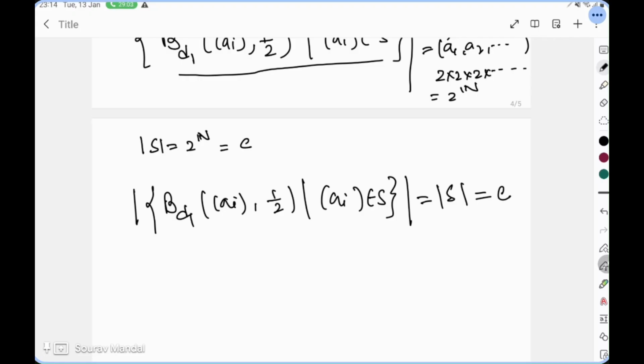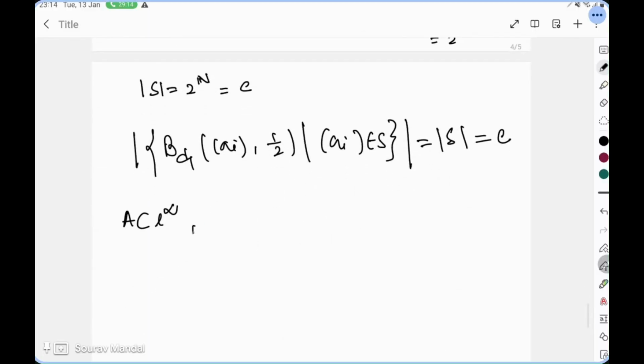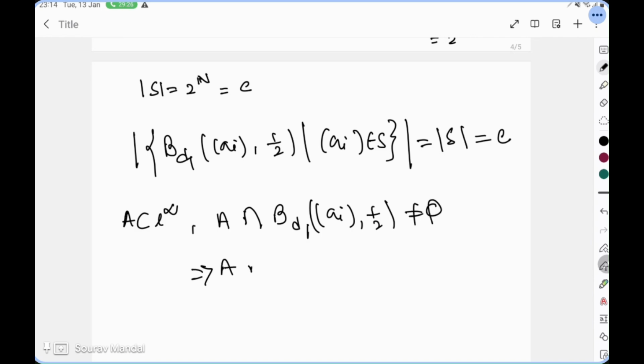That means open sets. Okay. So if A is some subset and a collection of disjoint open sets meets A, then A must be countable.